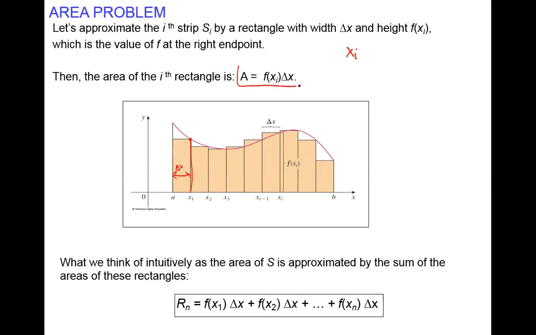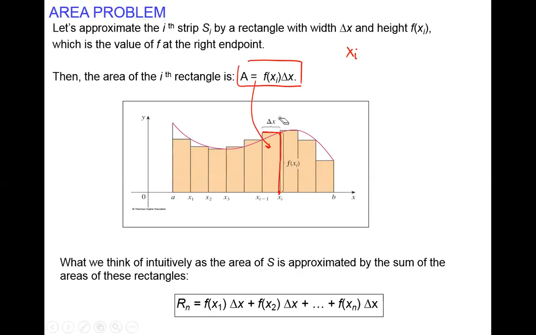And that's the area of one rectangle: delta x, which is the base, times the height, and the height is the corresponding value for the sample point of the function, f of x sub i. This is actually the height times the base.